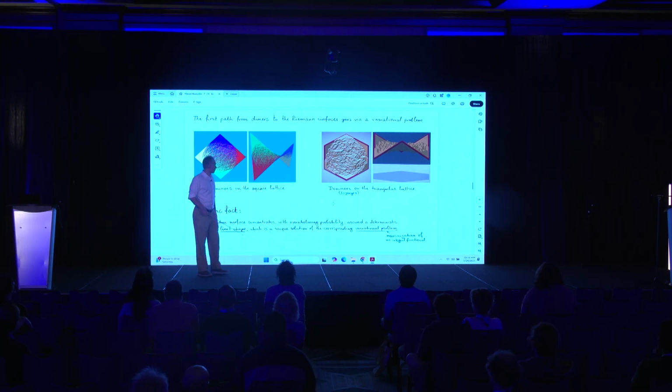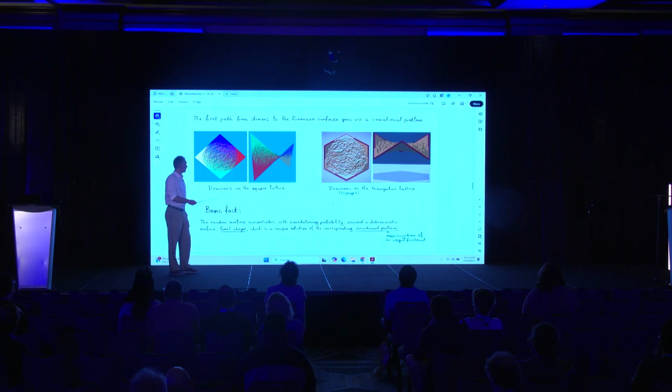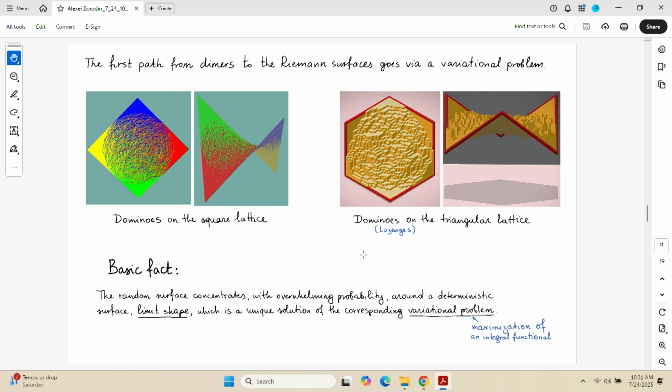The general principle is that whenever one considers a problem of this type that can be encoded by a height function, there is a variational problem whose solution delivers the limit shape for the corresponding height function.